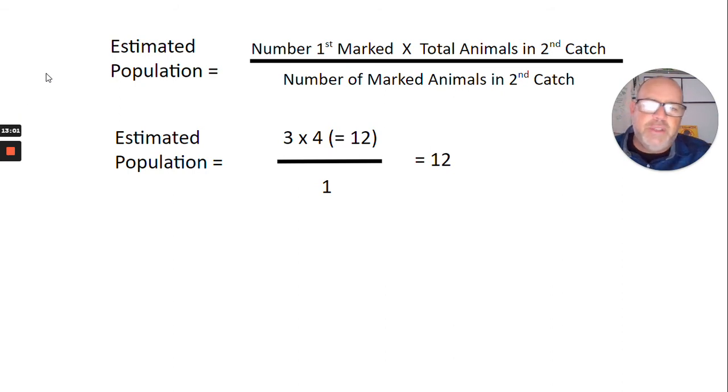So the way you do this, and it is just an estimation of population, you take the number first marked, which was 3, you multiply it by the total number of animals in the second catch, which was 4, so that gives you 12, and you divide it by the number of marked animals in the second catch. And so that would give us 12.